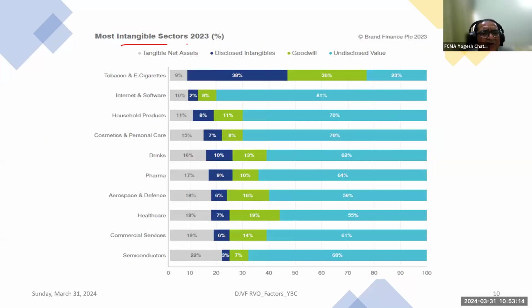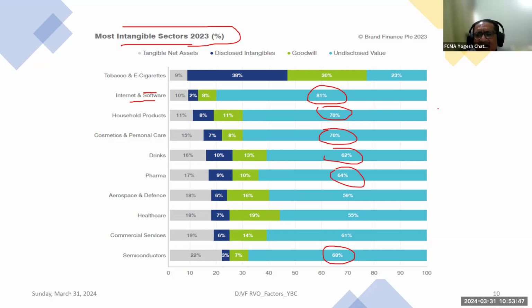And these are the most intangible sectors. Whenever you do the valuation, a very important one is internet and software. 81 percent is the undisclosed value of goodwill. Similarly, household products 70 percent, cosmetics and personal care 70 percent, then semiconductors 68 percent, and the remaining, as you can see in drinks, 60 to 64.